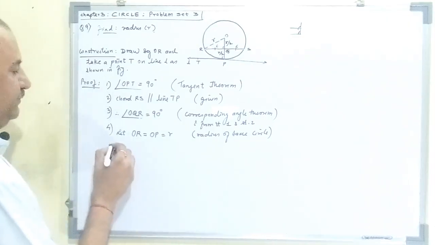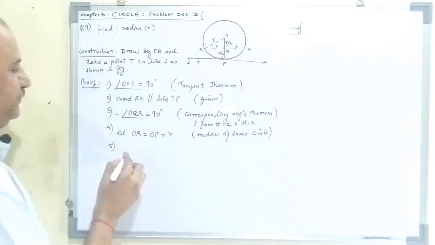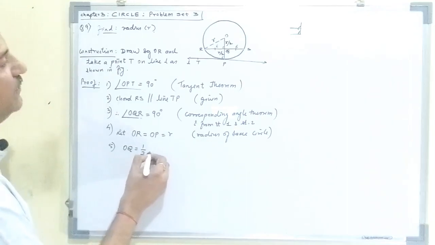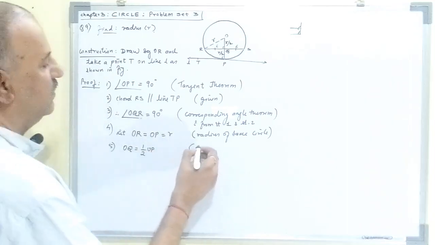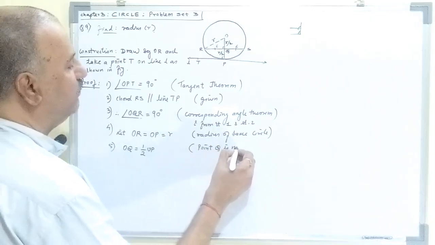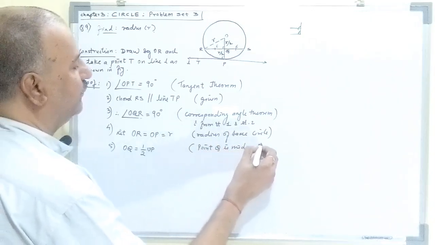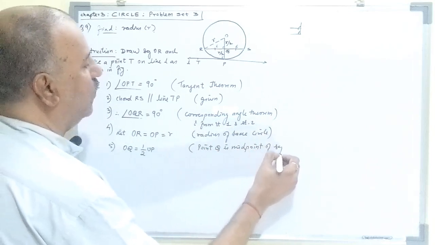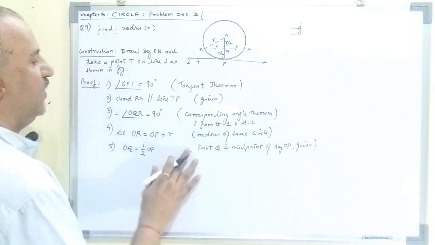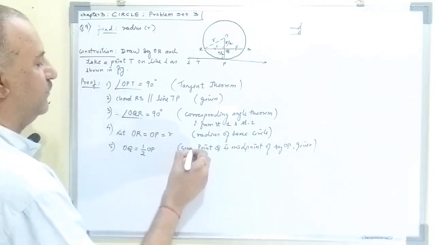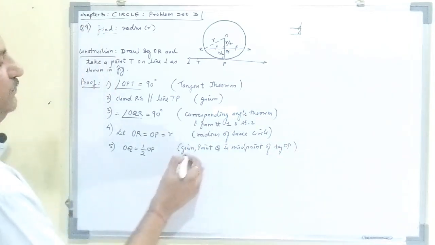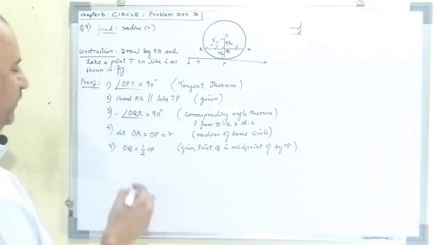नाउ ध्यान दो, what is OQ? OQ equal to half OP. Reason? Point Q is midpoint of seg OP, given. ये दिया हुआ है, ये तो यहां लिखो given: point Q is midpoint of OP.